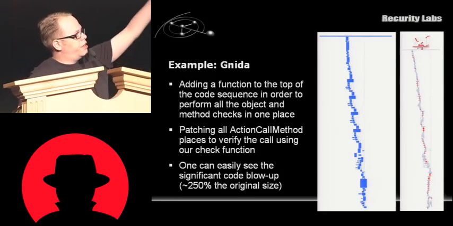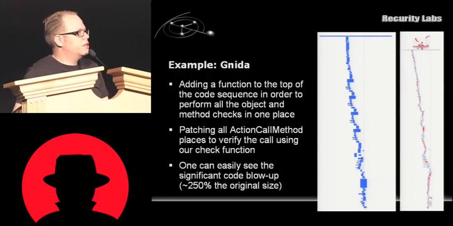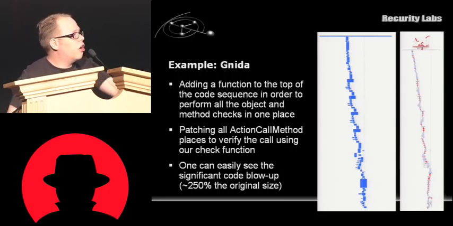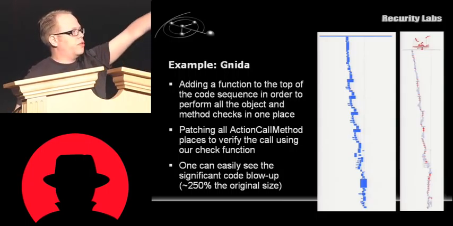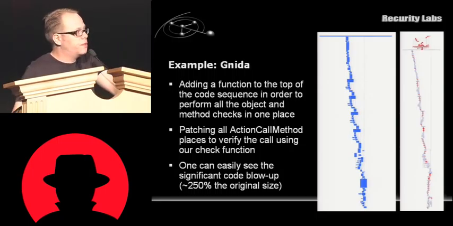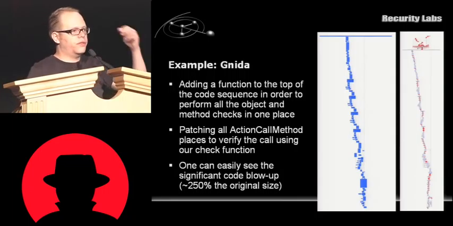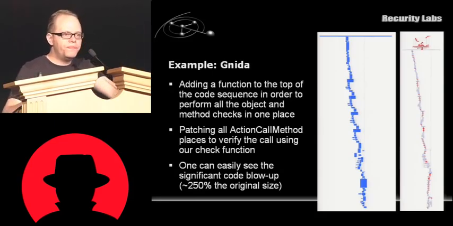On the left side, the one that's completely blue is the complete code flow graph of the Gnida malware example. On the right-hand side, you see the same code flow graph, and the little red thingies are the basic blocks that we introduced. You can easily see that we have quite some code inflation here, approximately 250% of the original code.